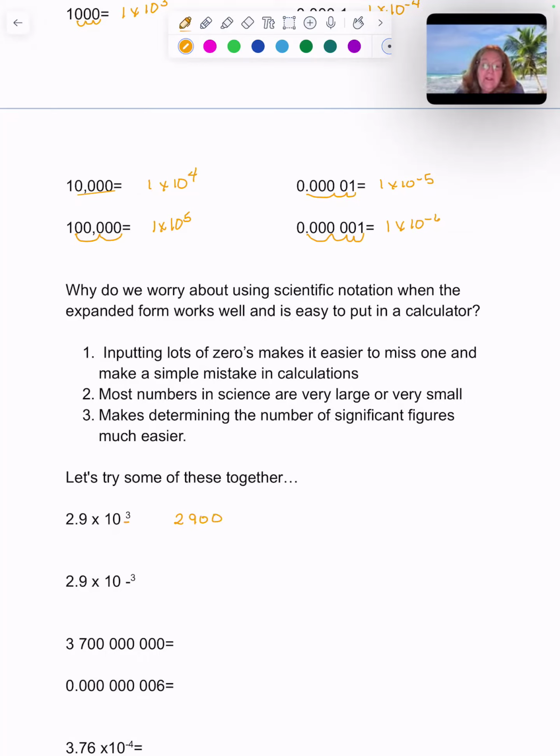Here we have a negative sign, so we're going to have to move it the other direction. So we're going to start this way. There I've moved it once, twice, 3 times. So now my decimal point lives right here. And I want to talk about zeros here for a second. When you have a number that starts with its decimal point, yes, it is mathematically correct to leave it that way.